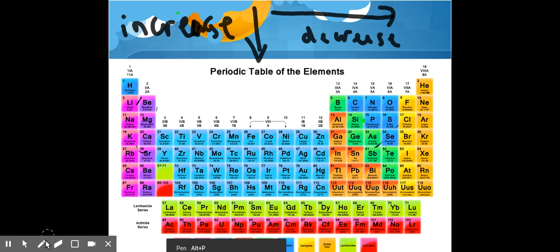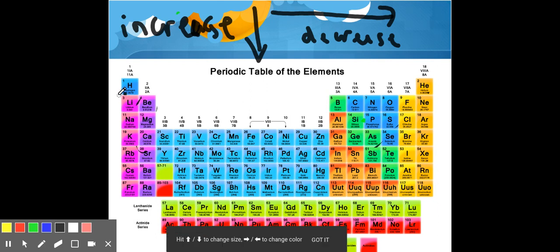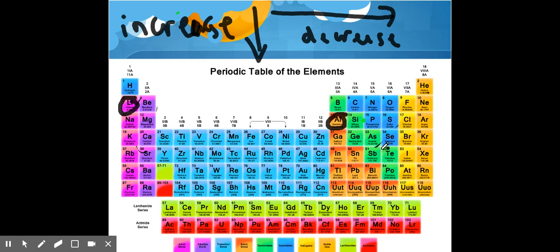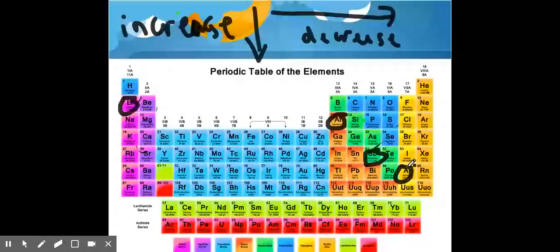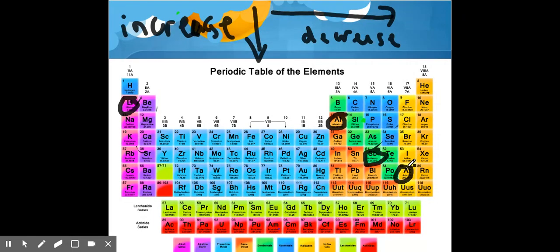Okay, so now we have lithium, aluminum, antimony, and astatine. So all these elements are in different periods.